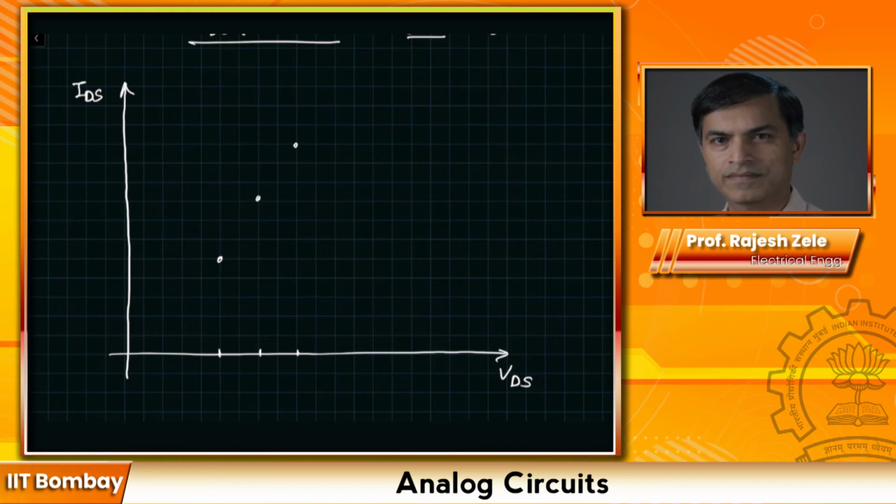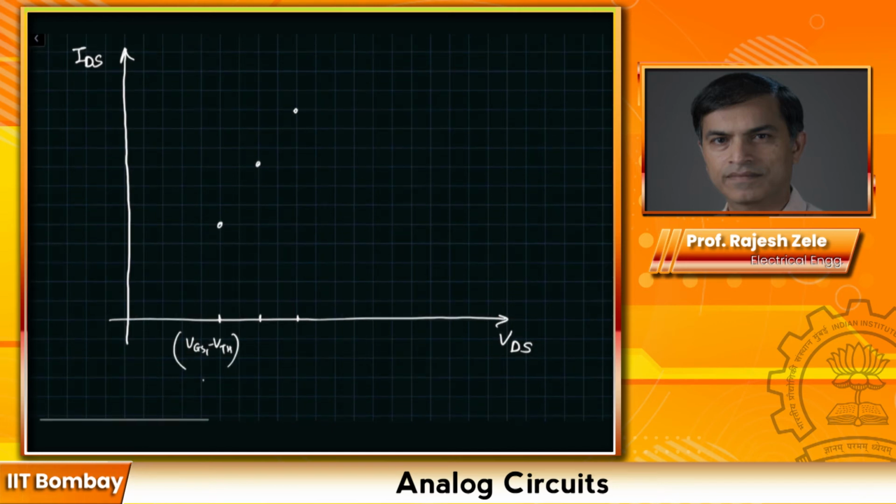These 3 points are VGS1 minus VTH. The second one is VGS2 minus VTH. And third one is VGS3 minus VTH.